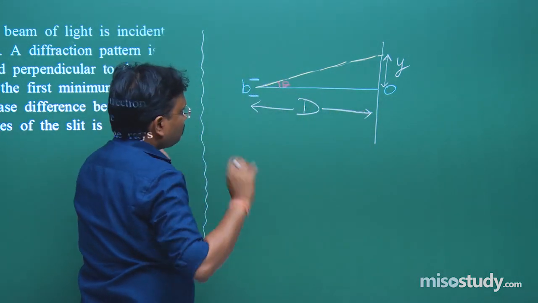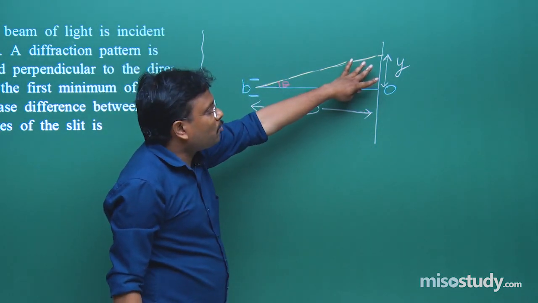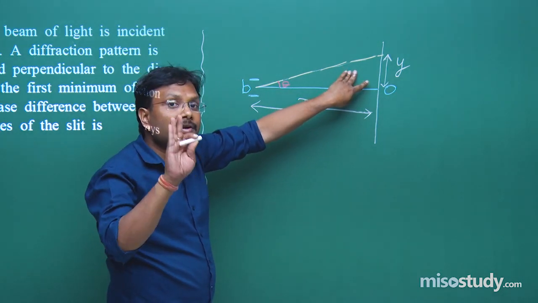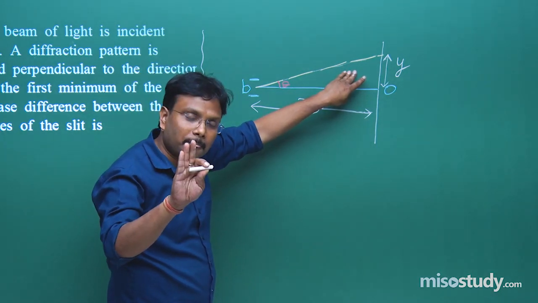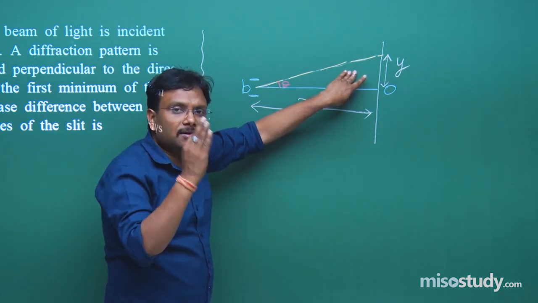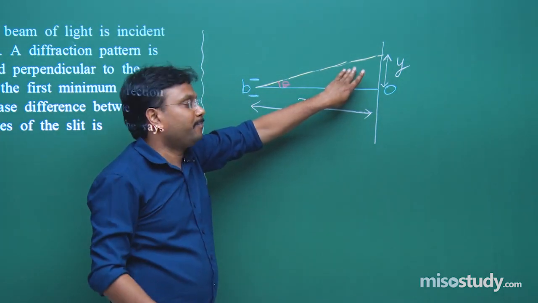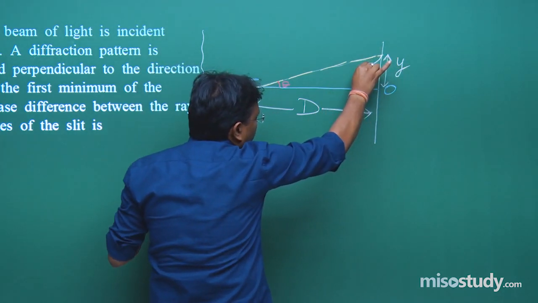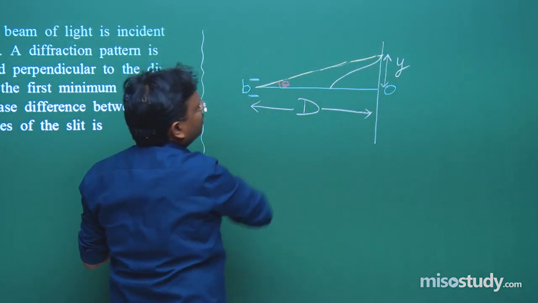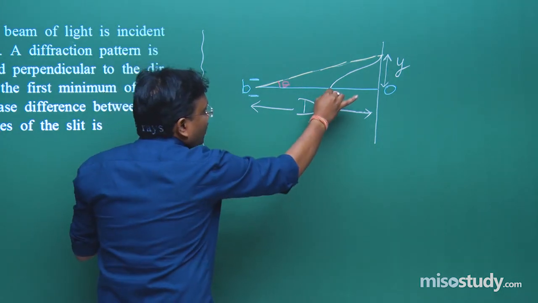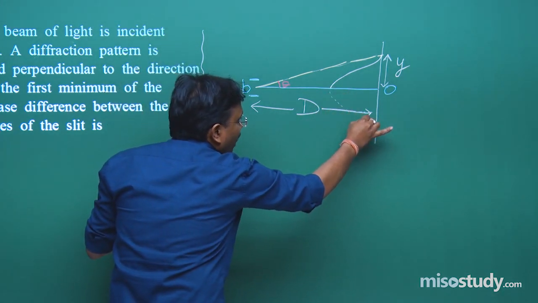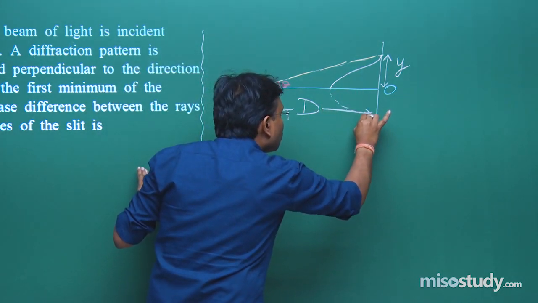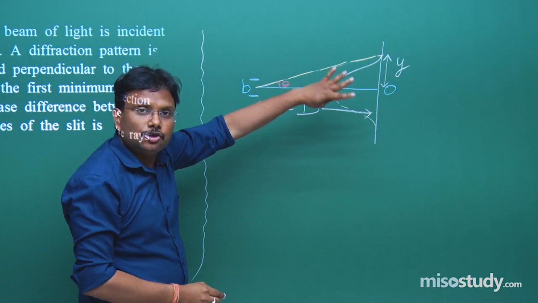Fine. Now, how will you get the pattern? In a diffraction pattern, there is one central maxima and on both sides decreasing maxima with minima in between. So the situation of this maxima is like this. This is half. The same thing will happen at this point, just a mirror image of this.